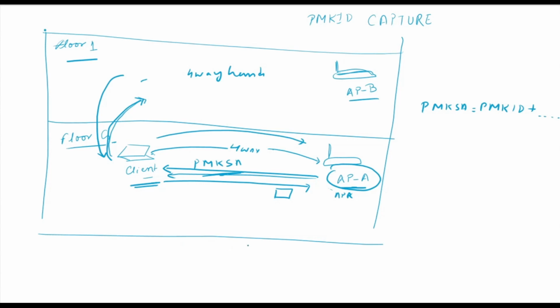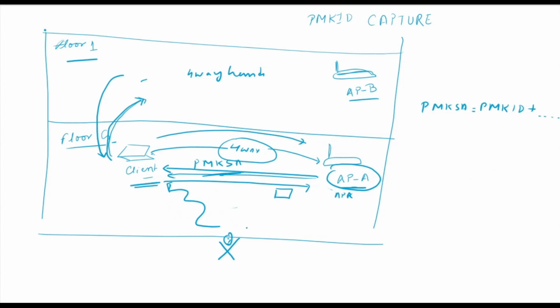Now think from the perspective of an attacker. In the general condition, we have to de-authenticate the client and wait for the four-way handshake from the client, and then capture the four-way handshake. In the case of PMKID capture, we don't have to interrupt anybody.